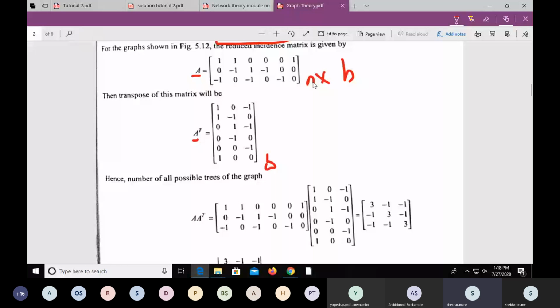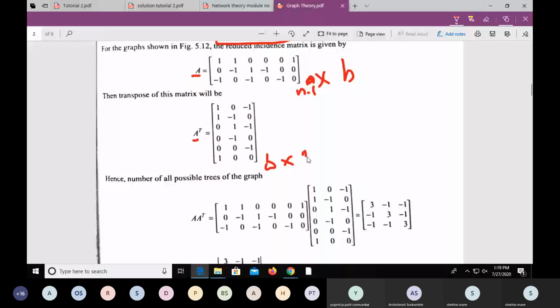There are 4 nodes. After eliminating, this is N minus 1 into B, and so this is B into N minus 1.